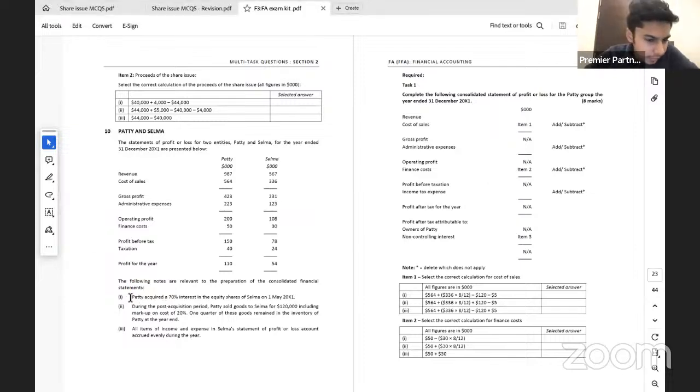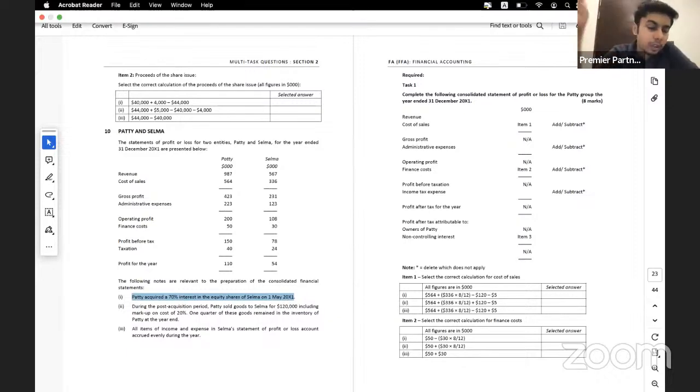I want you to read Roman number 1. Can you decide in your mind, or maybe if you're noting these down in a book somewhere, write and show me who bought whom? What percentage? When? Is it a full year? Is it a number of months subsidiary? Decide that one, guys, quickly first. Okay. Read the first paragraph and decide that one, please. I want you to do the group structure and show it to me.